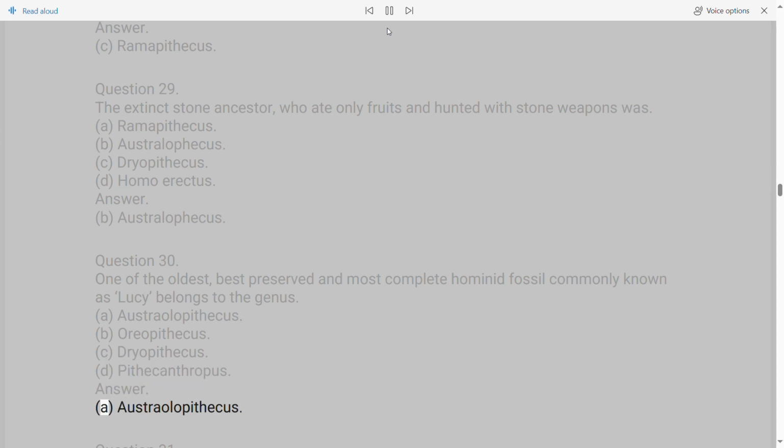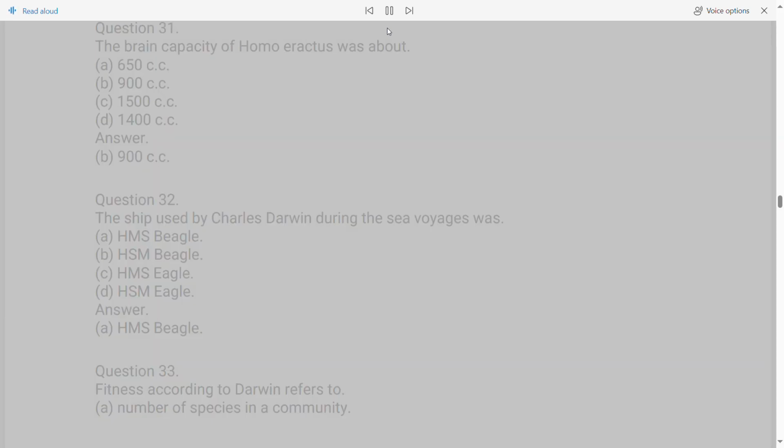A. Australopithecus. Question 31. The brain capacity of Homo erectus was about A. 650 cc. B. 900 cc. C. 1500 cc. D. 1400 cc. Answer. B. 900 cc.